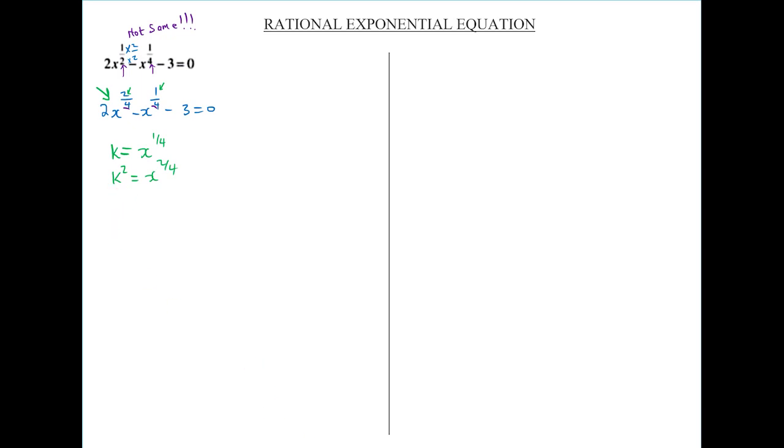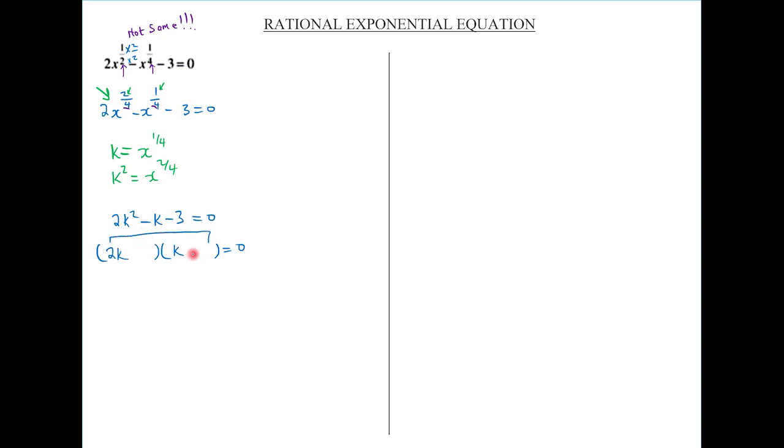Alright, so this then means now here we have 2k squared minus k minus 3 equals to 0, right? So now we're going to factorize here. So factorizing 2k, k equals to 0. Then this, we need to multiply this with that.